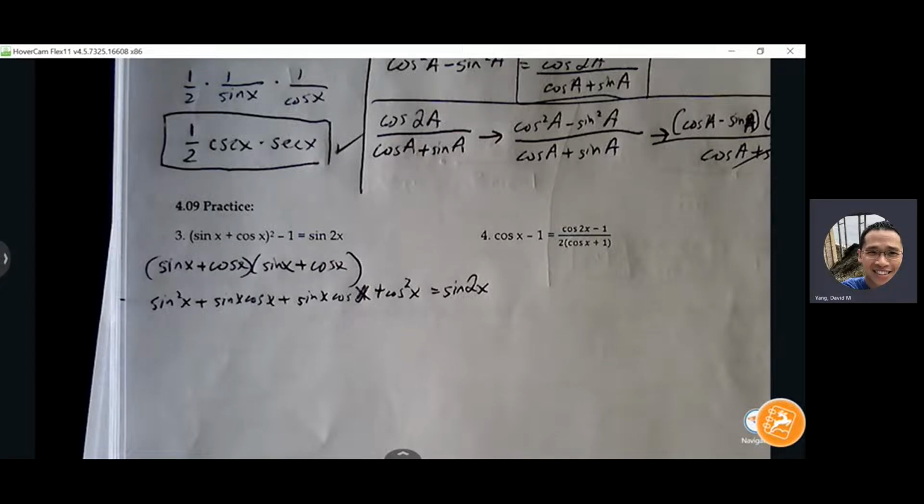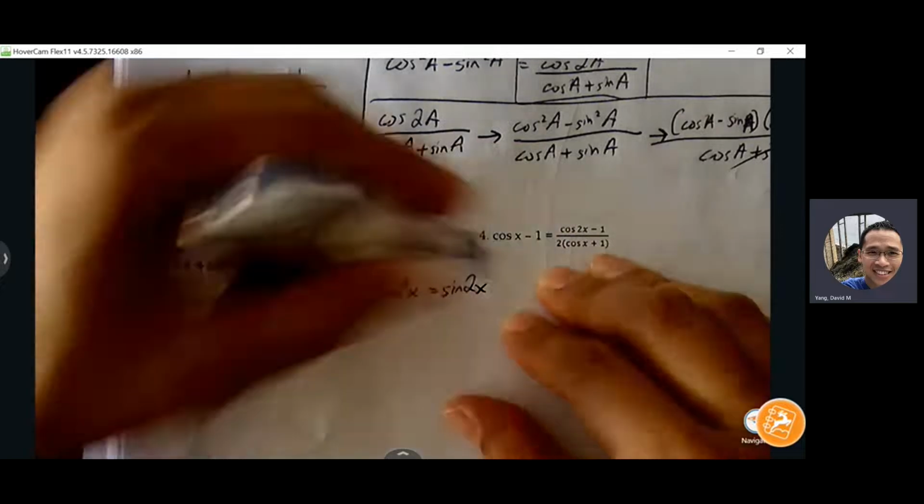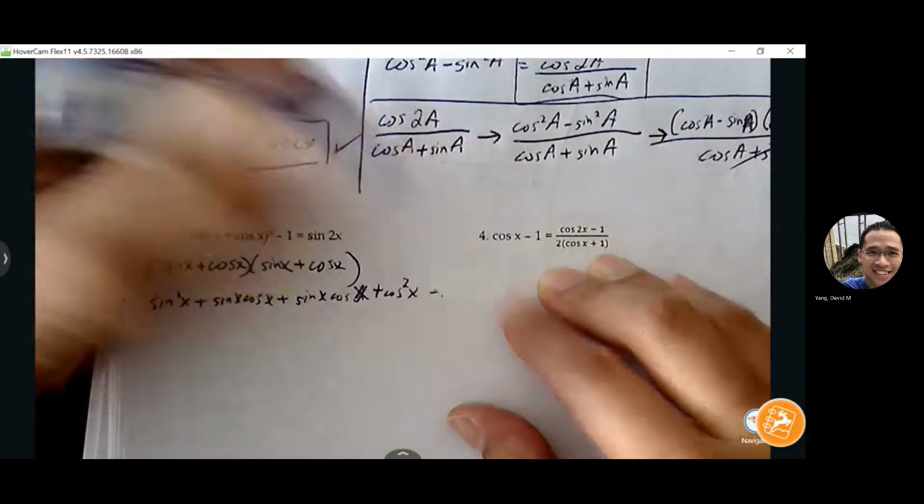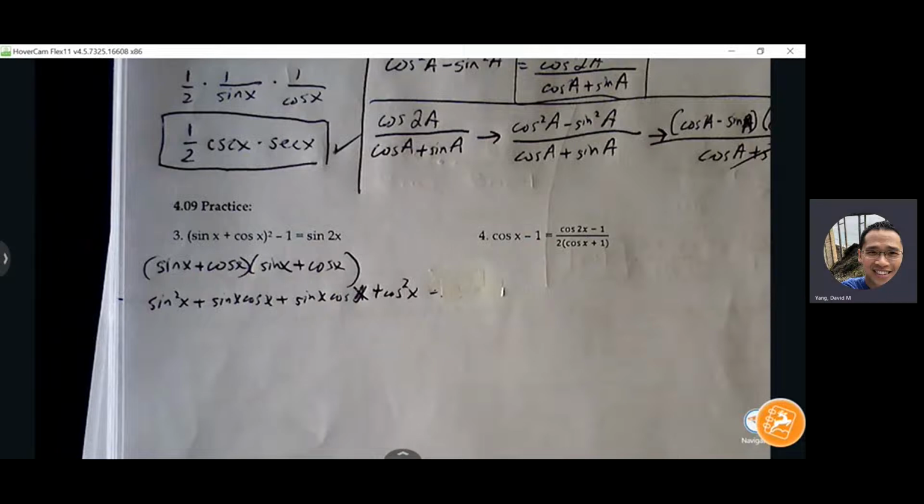I'm sorry, I didn't mean to put that right side here because we're only working on one side. All right, anything come together here?